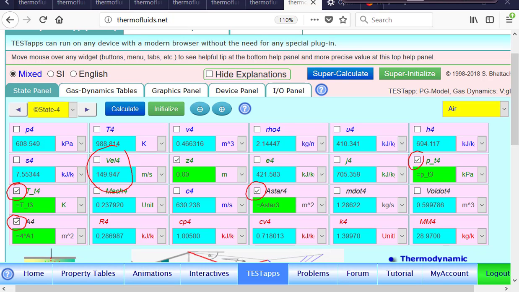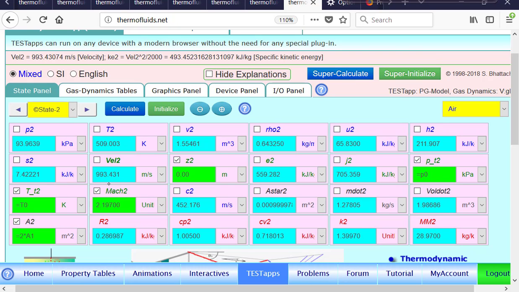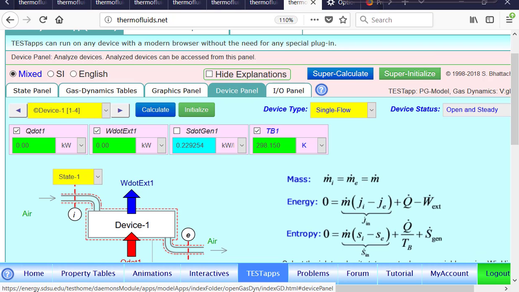As you can understand, it's way lower than the higher speed obtained. State 2 has our highest speed because that's the supersonic state: 993 meters per second before the shock reduces the speed to 336, and the diverging section works like a diffuser, bringing the velocity down to 149. I'm going into too much detail for this particular problem, but I just wanted to show you how powerful this is.